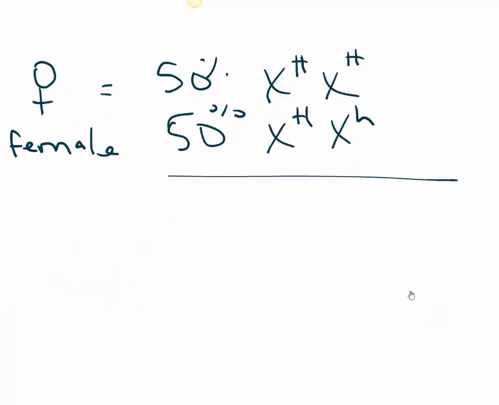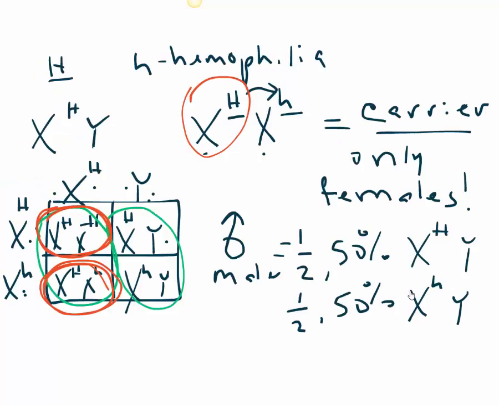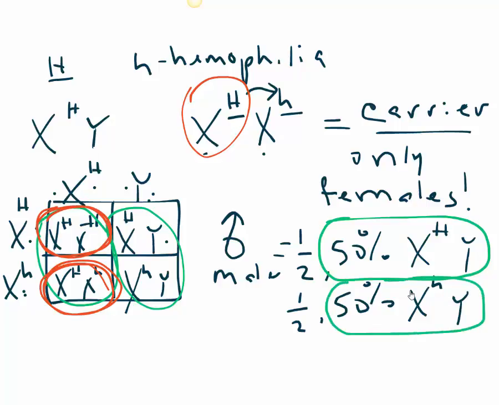Looking at phenotypes, of the males, what can we say? Looking at this group here, they have the big H, which is the healthy allele, which means they're going to be healthy, and 50% are going to have hemophilia.